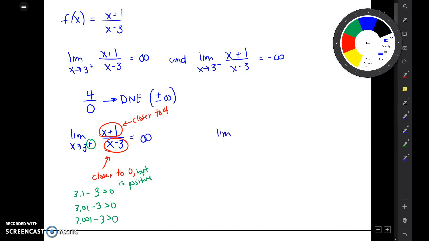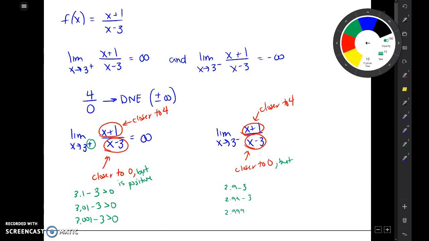Now, conversely, if I look at 3 from the left in a similar manner, again, this is still getting closer to 4, right? And the denominator is still getting closer to 0. Okay, but if I think about plugging in numbers that are just smaller than 3, then that would be, for example, 2.9, 2.99, 2.999, right?